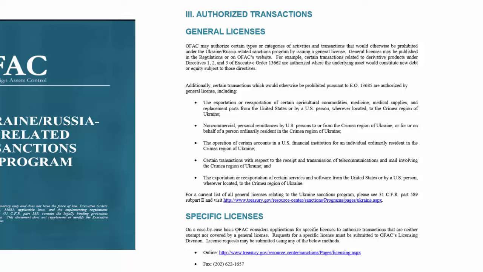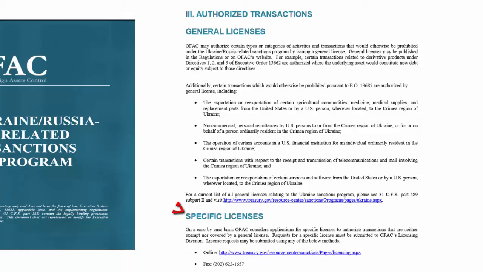And then finally, the exportation or re-exportation of certain services and software from the U.S. Right below those four bullet points, for a current list of all general licenses relating to the Ukraine sanctions program, go to 31 CFR Part 589, Subpart E, and also visit this link here.